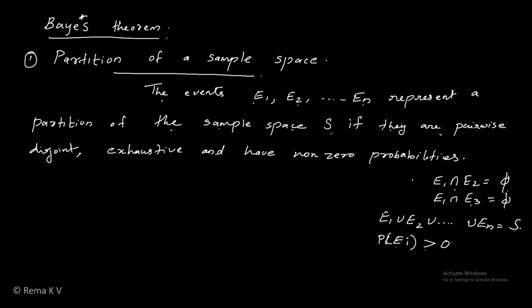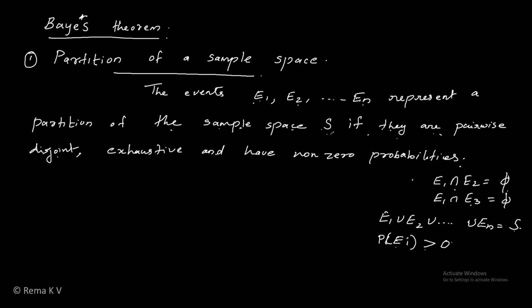See once again, sample space S means it is the set of all possible outcomes of a random experiment. Events means they are subsets of the sample space. So a set of subsets E1, E2, etc. En are said to form a partition of S if they satisfy some conditions, and the conditions are: they are pairwise disjoint.